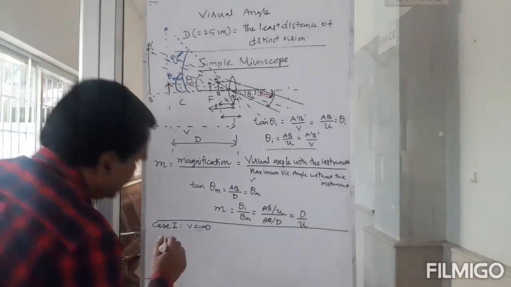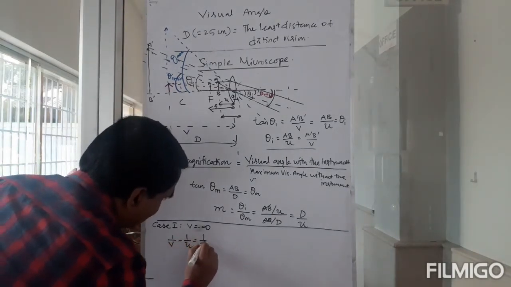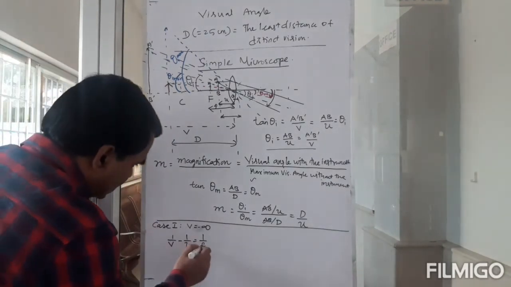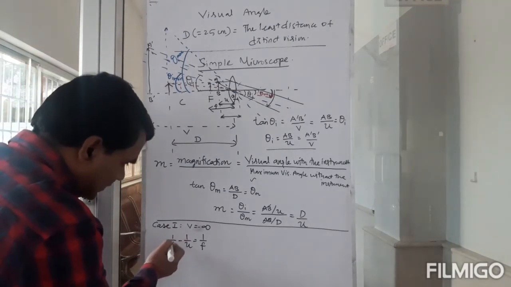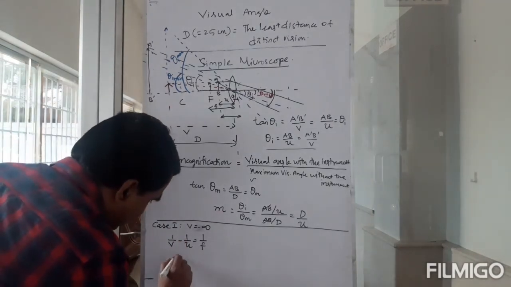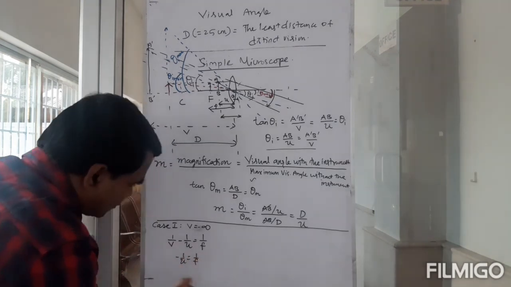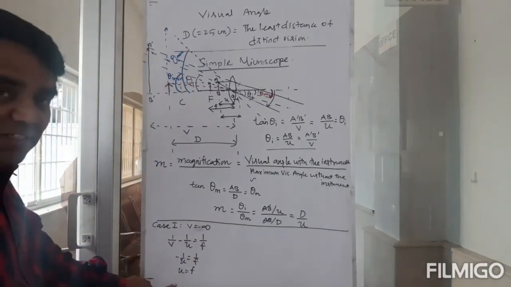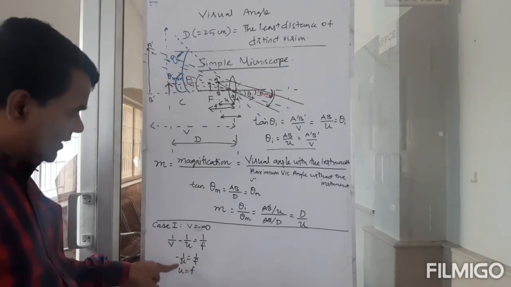That's easy. I know that 1 by V minus 1 by U is equal to 1 by F. This is a positive number, and 1 by minus infinity will be 0 anyway. So minus 1 by U is equal to 1 by F. Magnitude wise, U is equal to F. I am just taking the magnitude, not the sign, because the sign is minus.